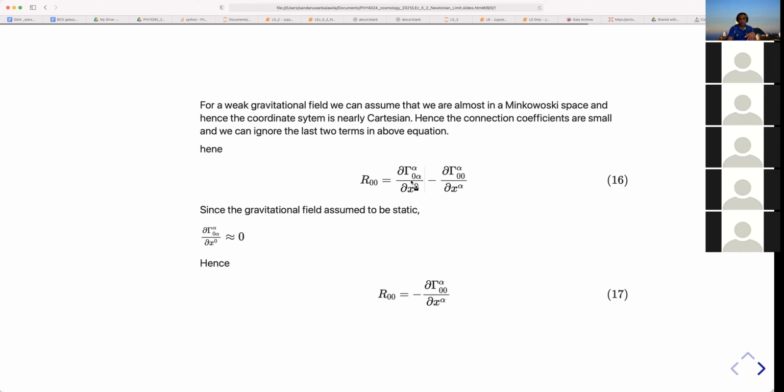So this term should be 0 or approximately 0. And at the end of the day, what you have for the Ricci tensor is only this term right here, the derivative of the connection coefficient with respect to the spatial component, right? So make sure that you understand it in that way.